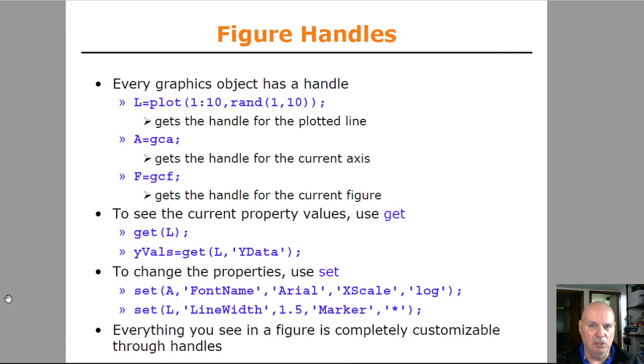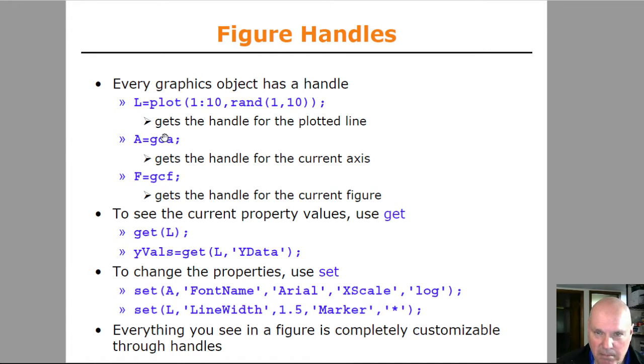Okay, so we've never actually asked for a return value back from plot, but plot would return a handle to the line that's plotted. The GCA function, which is get current axis, means get the handle of the current axis.